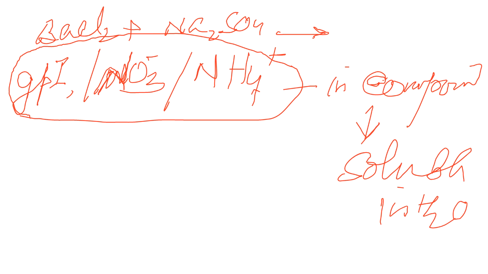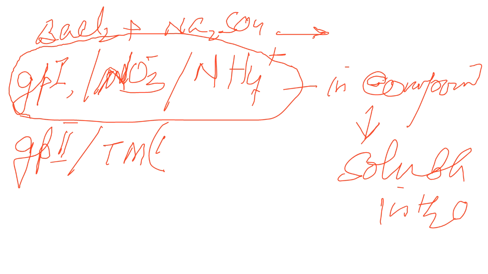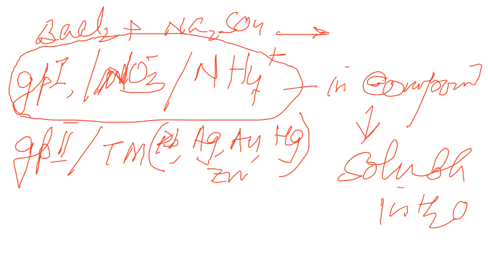Alright, now if you have group 2 or a transition metal, the transition metals I already told you: lead, silver, gold, mercury, zinc. These are the transition metals which I told you in the class. Just memorize this only.